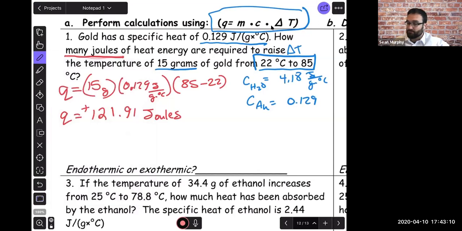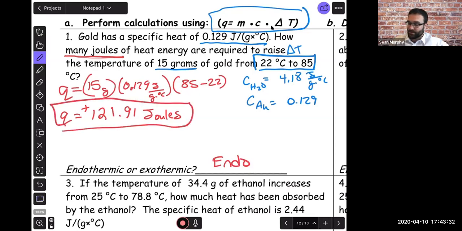Well, the gold received the heat, its temperature went up, so it is positive Q, so it's going to be endo. Remember, if it's positive Q, it's endo. If it's negative, it's exo. Let me box in my answer to make it easy for the teacher to give me a good grade.